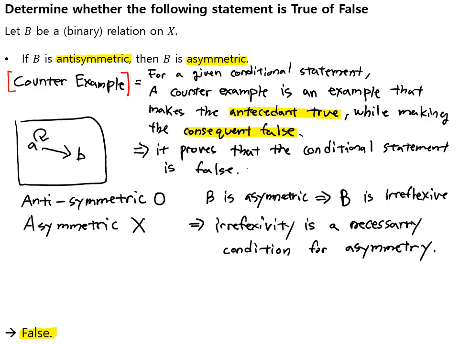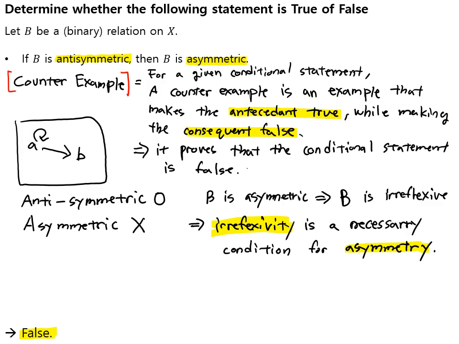Okay? So in order for any relation to be asymmetric, it has to first be irreflexive, which means that if a relation is not irreflexive, then it can't be asymmetric either.